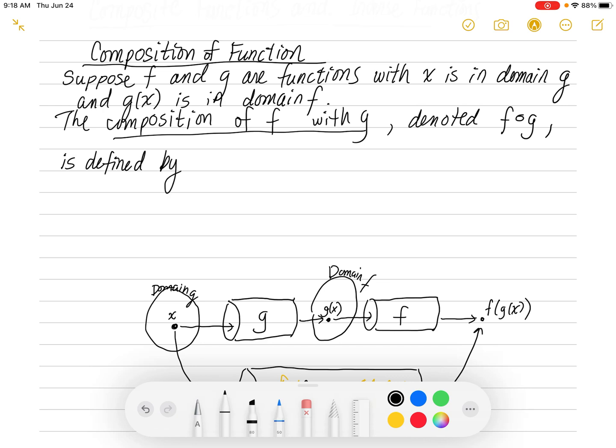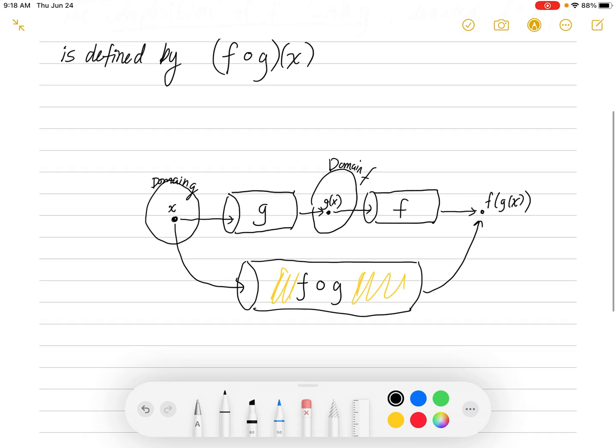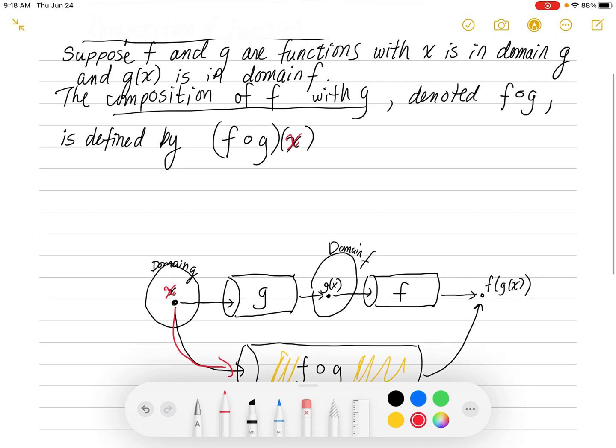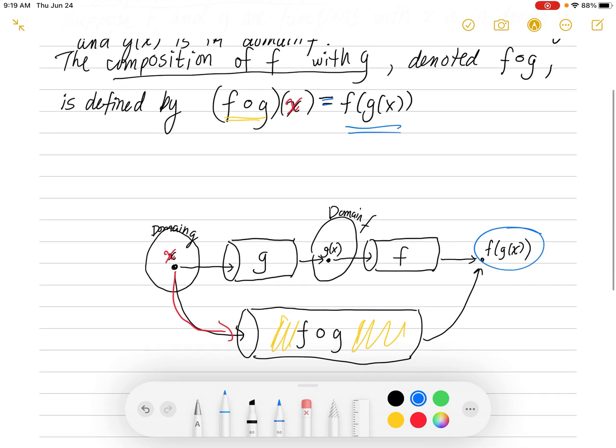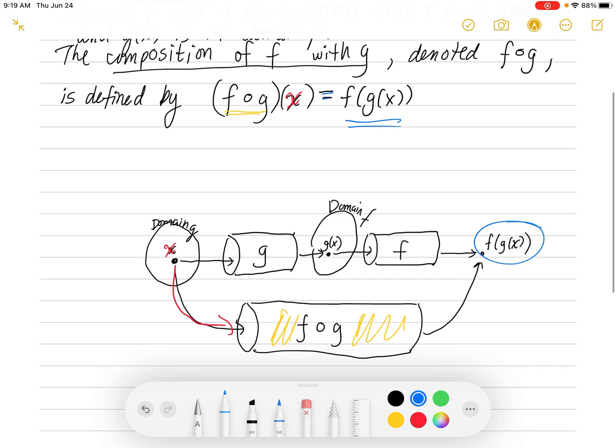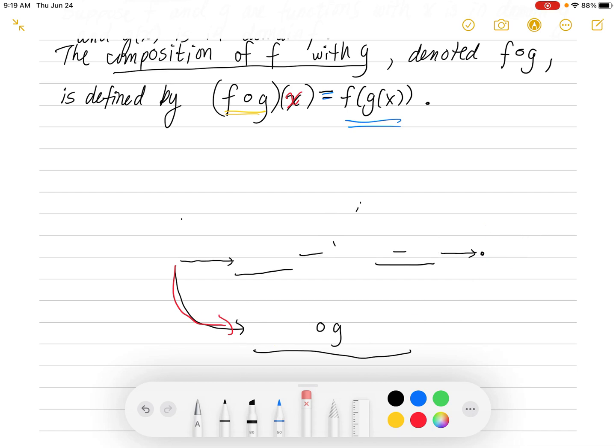That new function, called the composition of f with g, denoted f circle g, is defined by f circle g of x equals, out the other side comes f of g of x. The idea here is you're plugging a red x into our yellow machine, and the output, which I'm underlining in blue, is f of g of x.